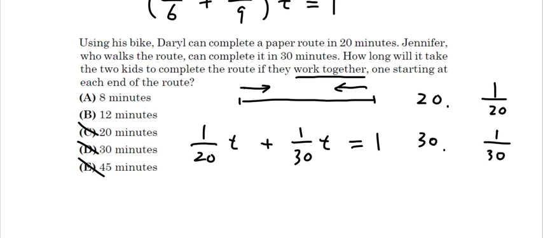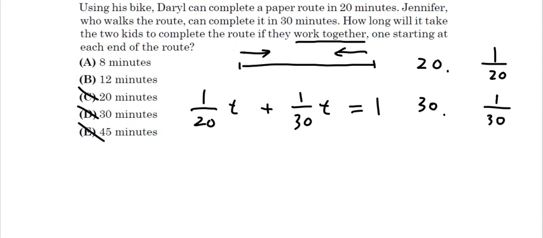So we just focus on changing this as 1 over 20 plus 1 over 30 times t, right? So just solve this equation. So 1 over 20 is here, the common denominator is 60.